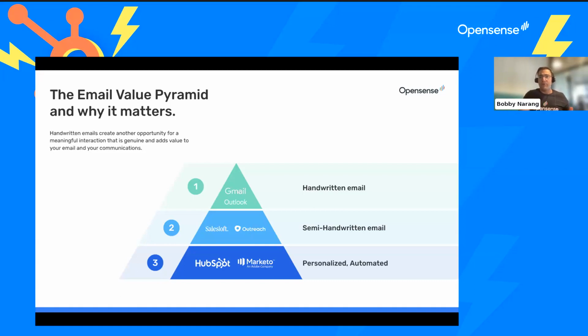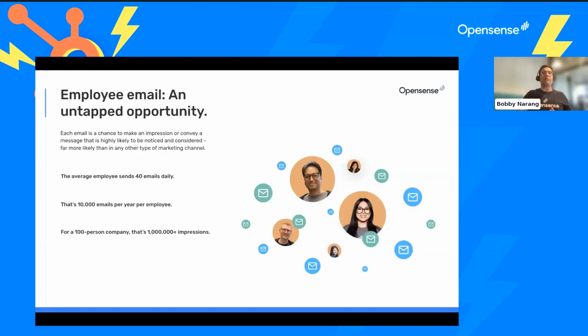You're hitting up maybe 100 people a day through this particular channel. And I think it's pretty obvious for savvy buyers when they're being targeted with a SalesLoft or Outreach email. But then at the very top are your emails that are handwritten. When I say handwritten, I mean the one-to-one messages that you're composing and sending on a day-to-day basis of doing business. And so we refer to this as employee email.